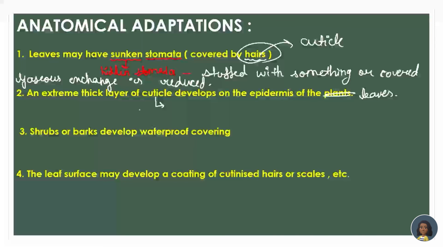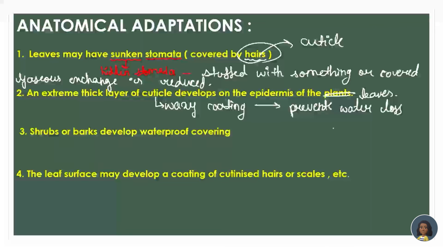I was discussing cuticle in the previous video. It is a waxy coating, and its job is to prevent water loss. Hence, if the cuticle is very thick, then water cannot escape at all. Hence, that is also a point to prevent excess transpiration.